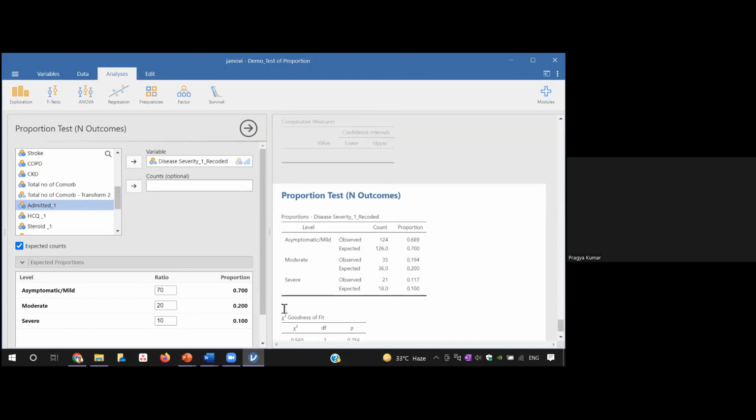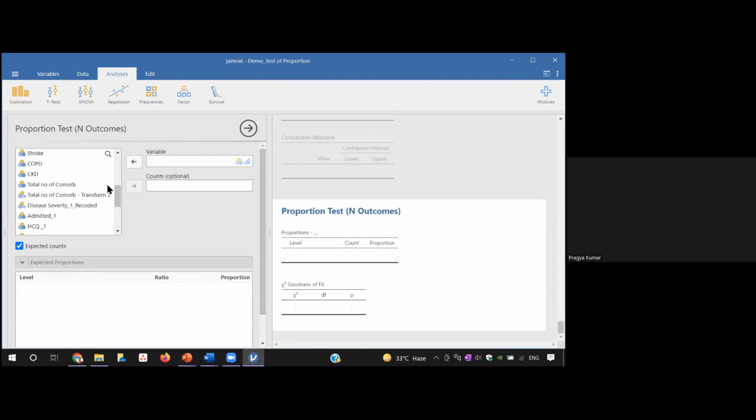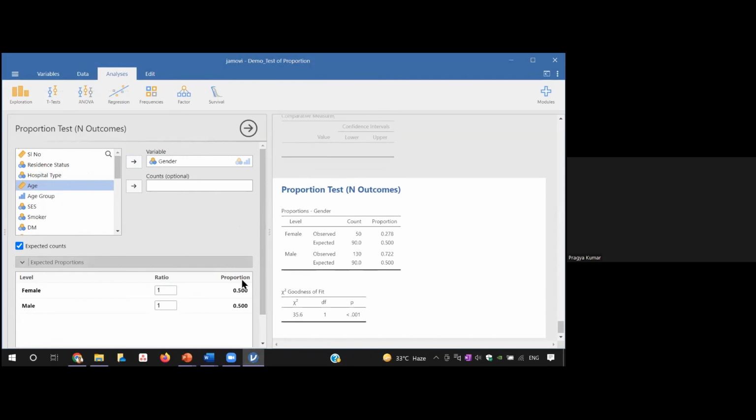Now coming to the second example. The second example was to test for gender. Gender was like 60 and 40. If I shift gender in this case, the state was showing that 60% are male and 40% are female. So I have shifted this variable here. Again, I'll change this to 40% as females and 60% as males.